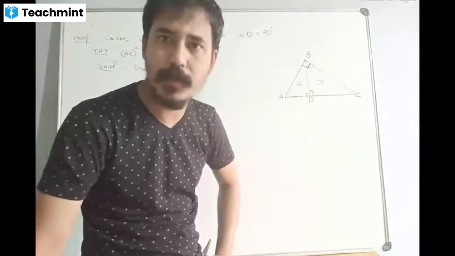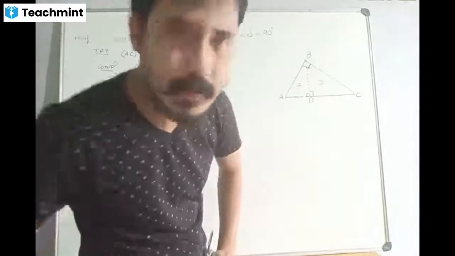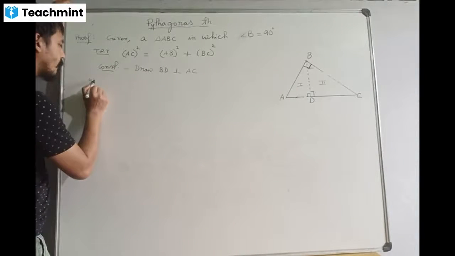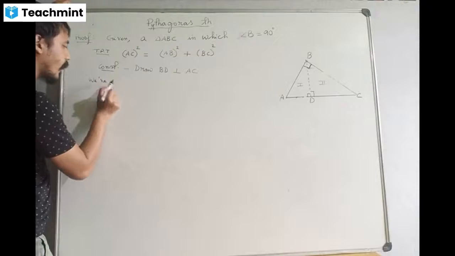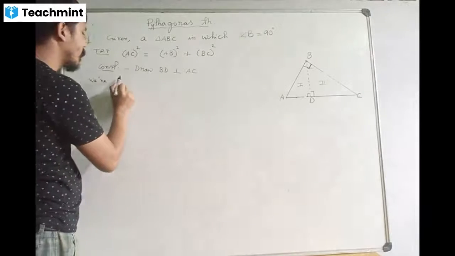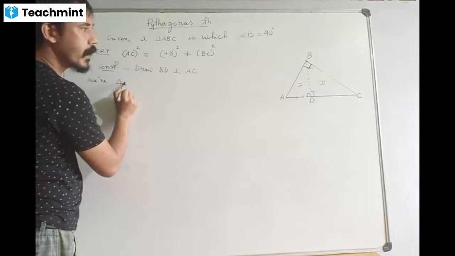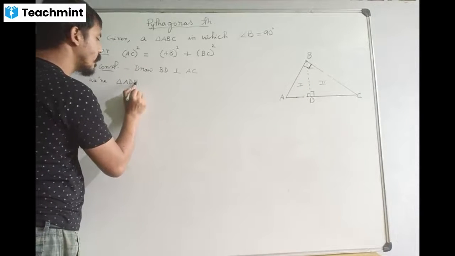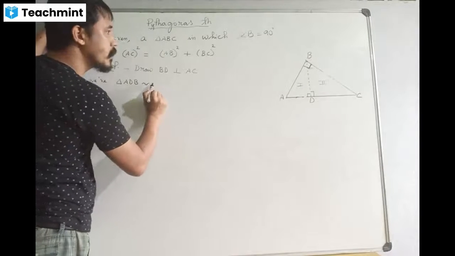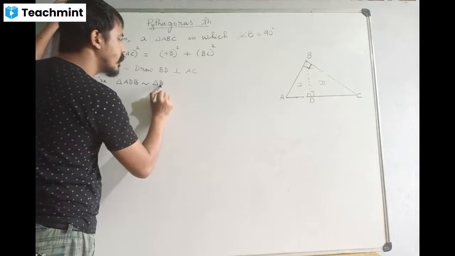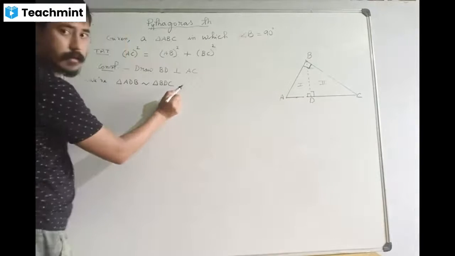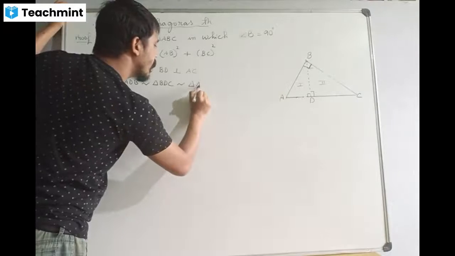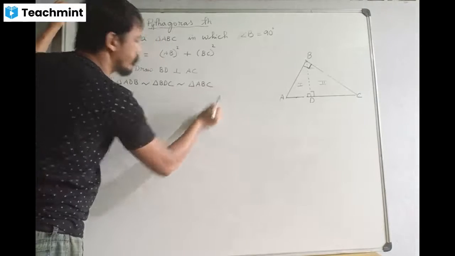That is what I'm going to write. So proof. We have triangle ADB is similar to triangle BDC, and is also similar to triangle ABC.